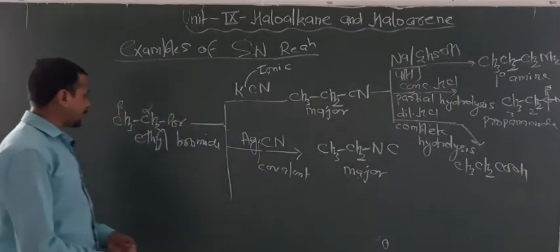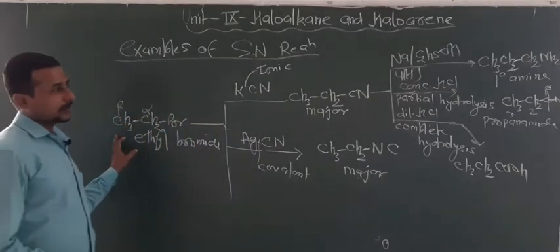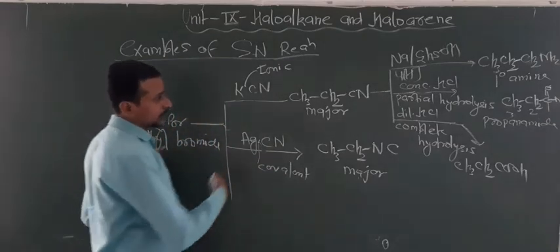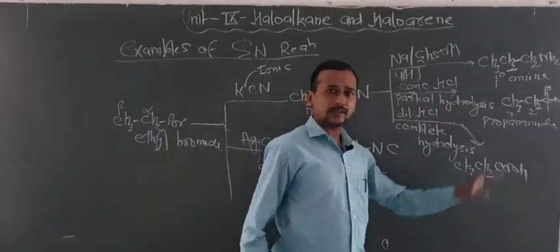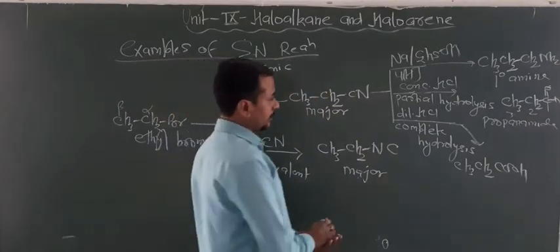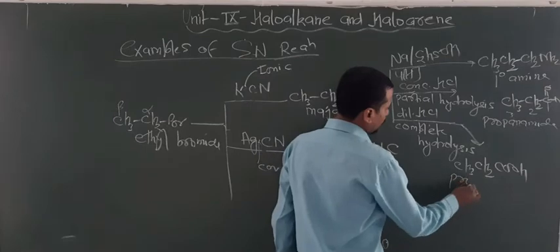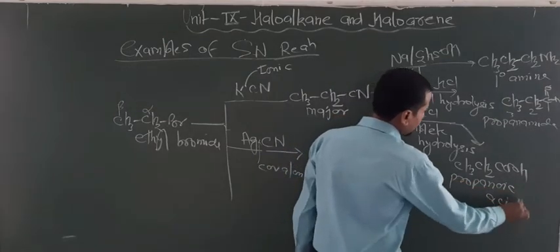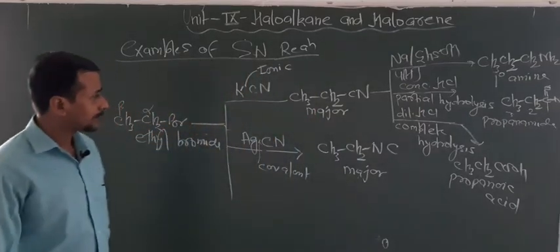So one more question may arise: how can we convert the 2 carbon alkyl halide to a 3 carbon acid? By this way you can convert the 2 carbon alkyl halide to the 3 carbon acid. This is basically propanoic acid. These reactions you will also learn in a further chapter.